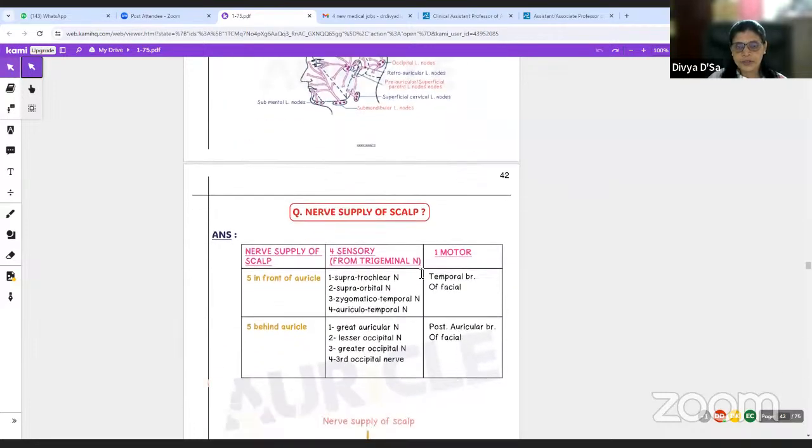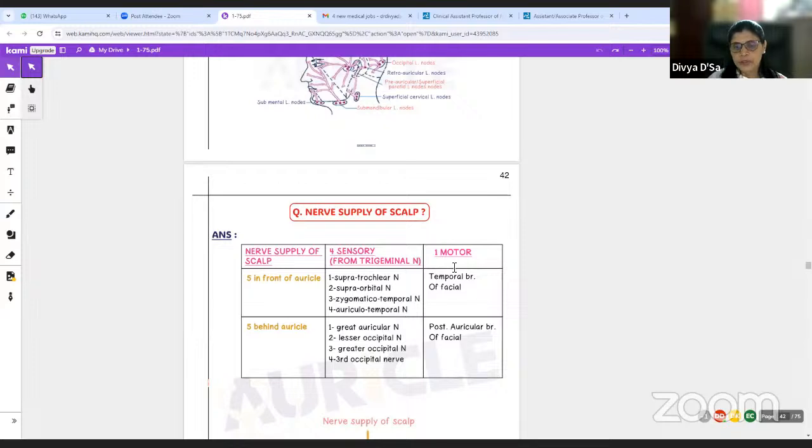When you write the answer for nerve supply of the scalp, you can write like this. In front of the auricle, there are 4 sensory and 1 motor. Behind the auricle, again 4 sensory and 1 motor. The sensory nerves in front are supratrochlear, supraorbital, zygomaticotemporal, and auriculotemporal.